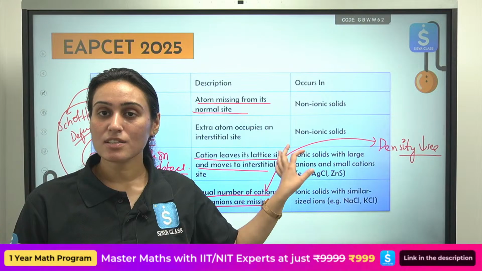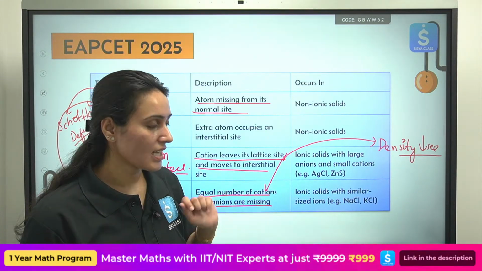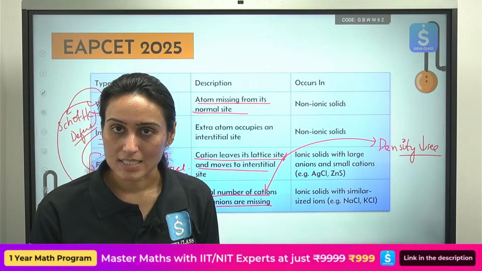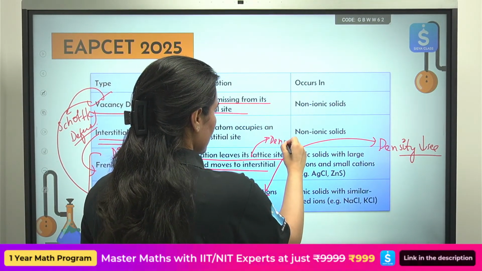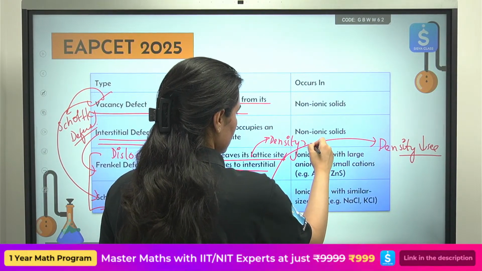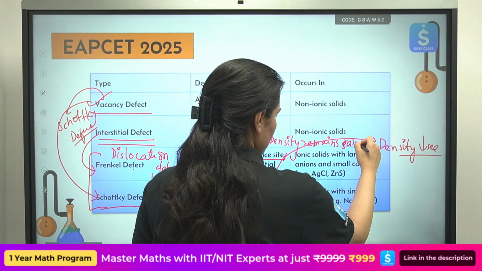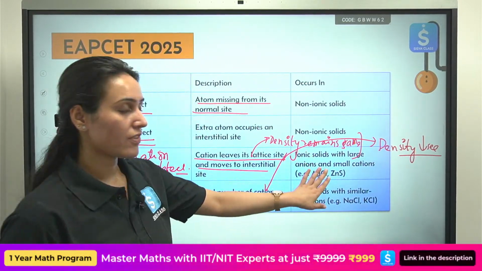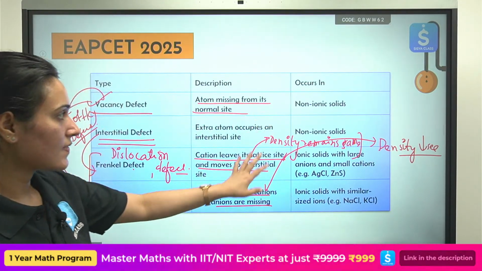No. So in case of Frenkel defect, density remains same. In case of Schottky defect, density decreases. Okay. So in this case, you will see density remains same. And they will ask you such a question. This is for Frenkel defect or dislocation defect. Okay, we have seen these defects.